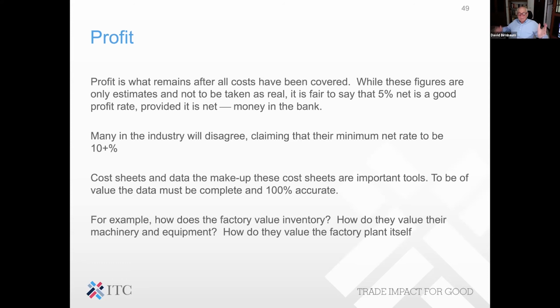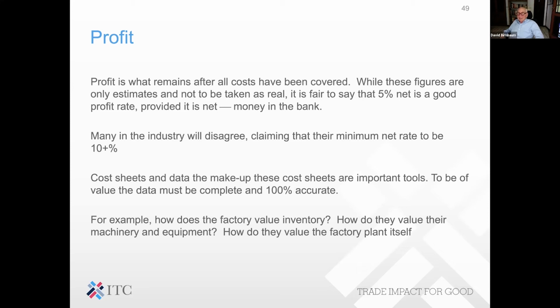For example, how do you value your inventory? If you're in the steel industry, you have a value on iron ore, you have a value on fossil fuel. These fungible products are worth something. If you're in the automobile business, you have a value on your factory, machinery and equipment. If you're in the garment industry, what is the value of your inventory?